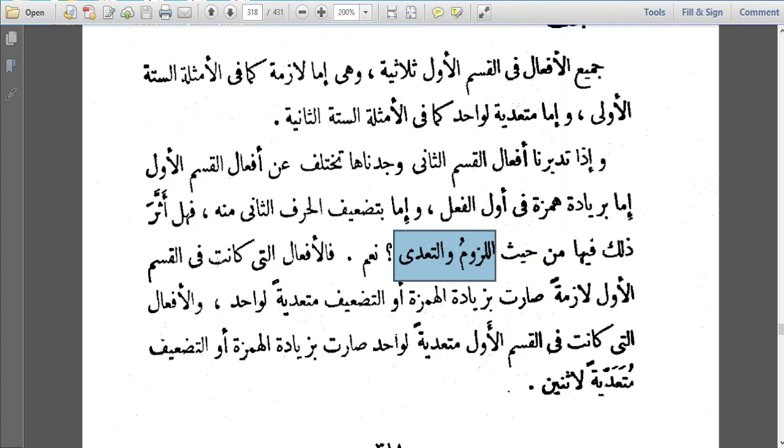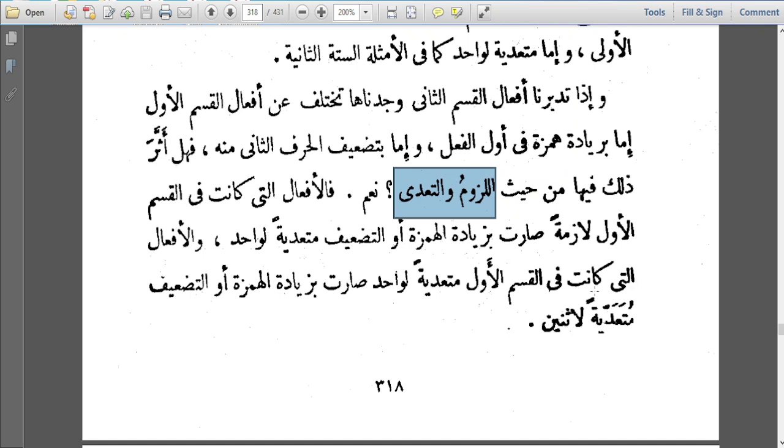It says فالأفعال التي كانت في القسم الأول لازمة, the verbs that were originally لازمة in the first part, صارت بزيادة الهمزة أو التضعيف متعدية لواحد. The verbs that were already لازمة don't require a مفعول به. When we added the hamza and the تضعيف, they now became متعدية لمفعول به واحد. It now calls for one مفعول به.